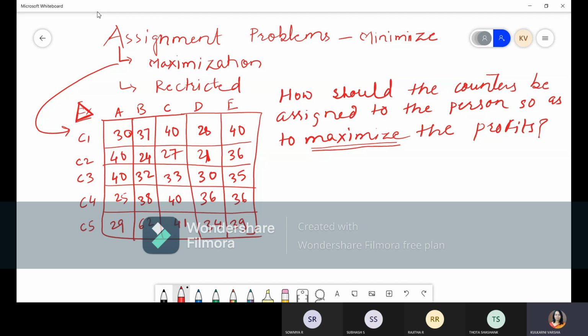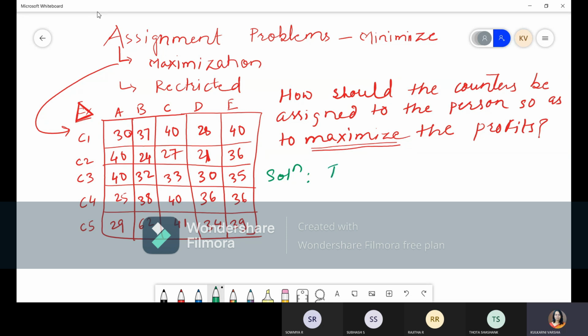So now when we start with this, as it is a maximization assignment problem, within all these numbers we have to find out the highest number. Here you can see that among these, the highest number is 62.